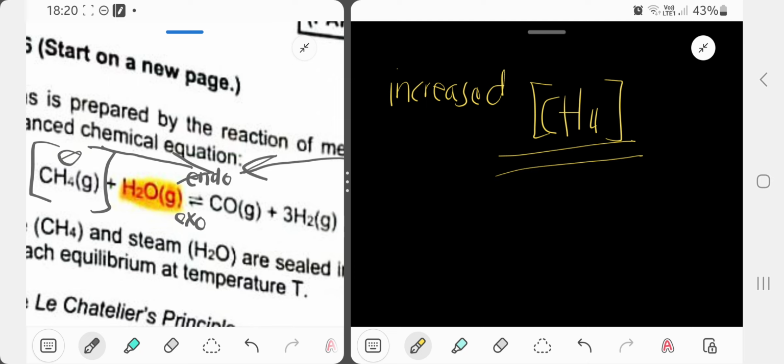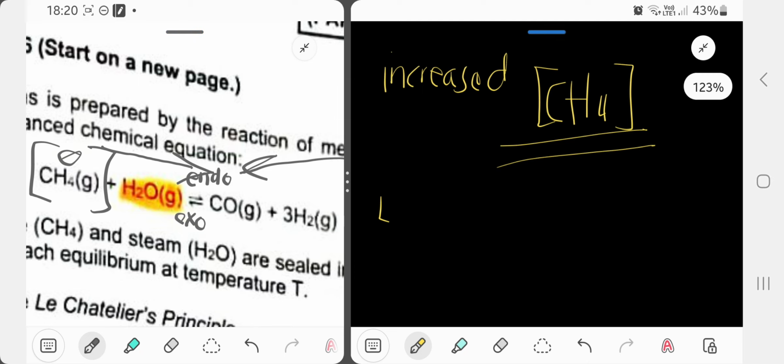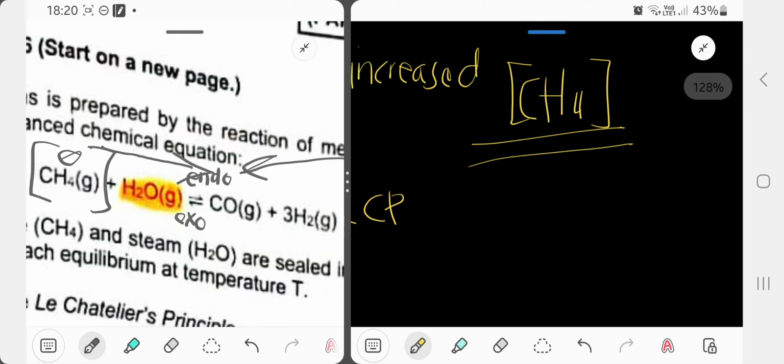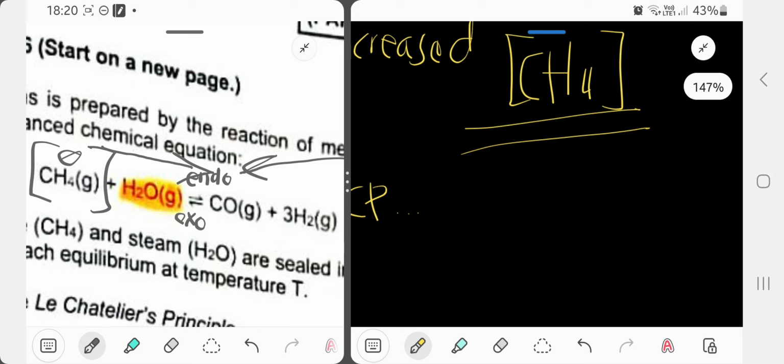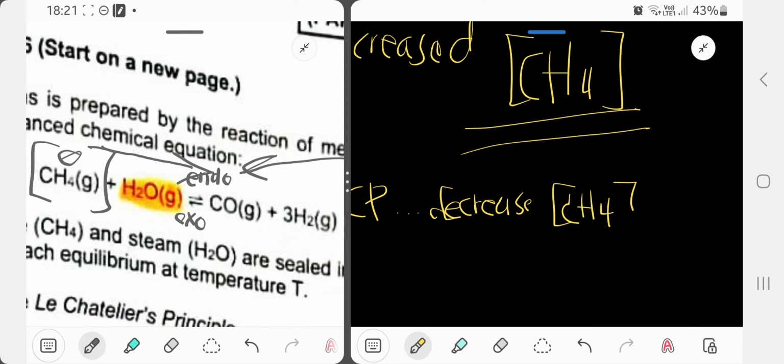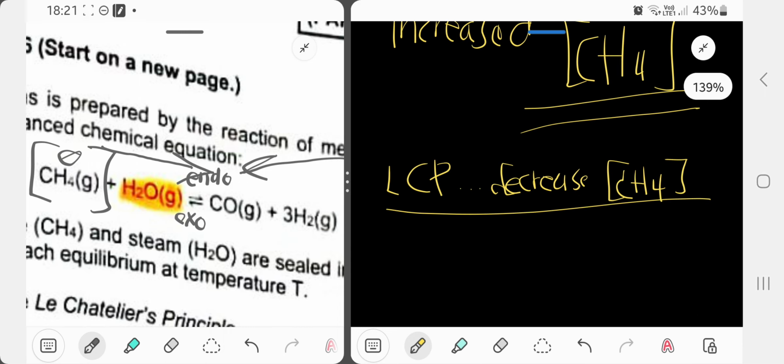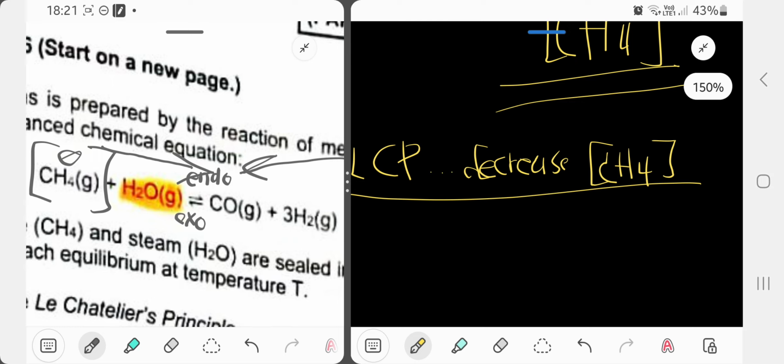What this means is that this guy needs to react to form the product, since he's a reactant. According to LCP, what we want to do is decrease the concentration of this guy so that we can oppose this disturbance. And how we decrease him is by producing more products, because he is a reactant.